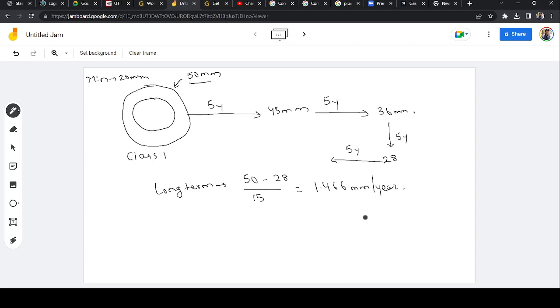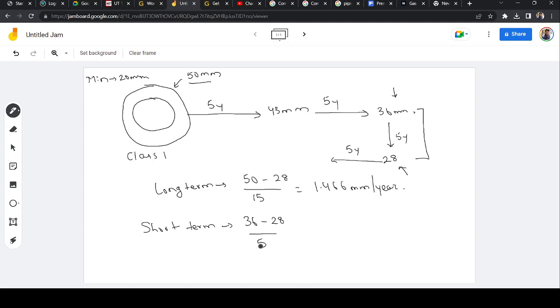Let's find out what the short-term corrosion rate is. So the short-term corrosion rate is between two consecutive intervals. So let's see how much the short-term corrosion is between these two intervals. In this short-term corrosion, the previous inspection result was 36 mm, and the inspection that is done latest, you have 28 mm, divided by 5 years that has passed between them.